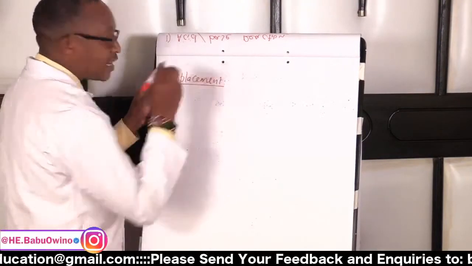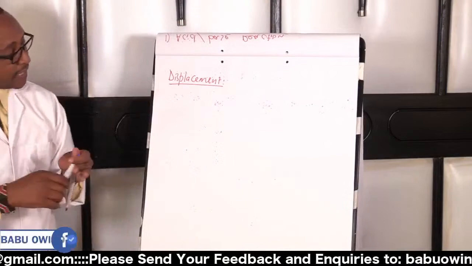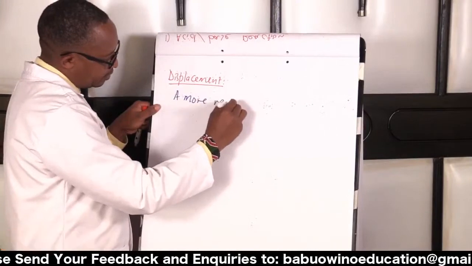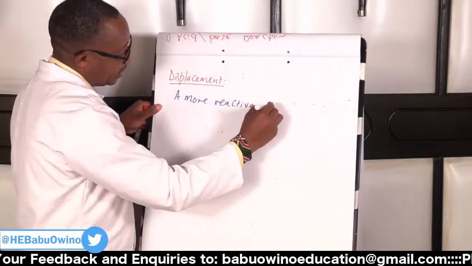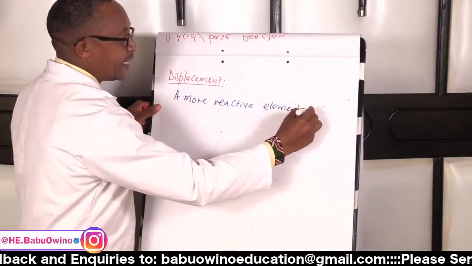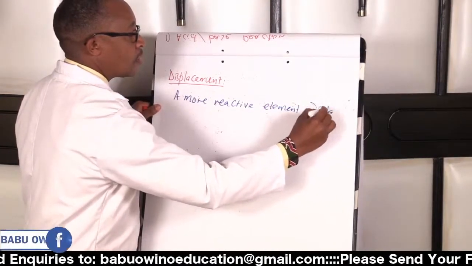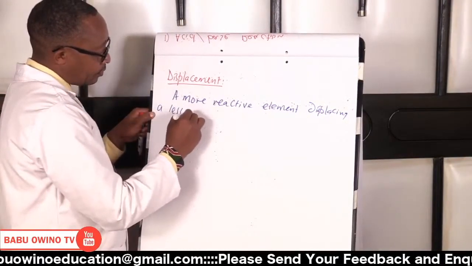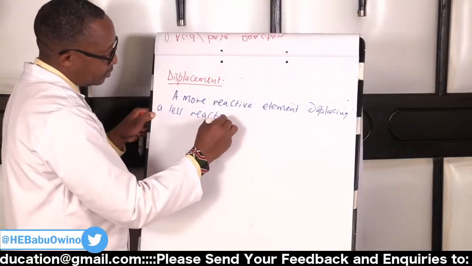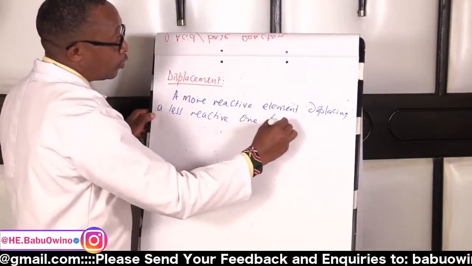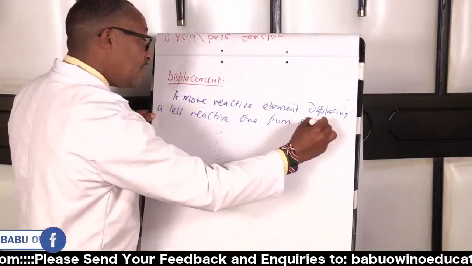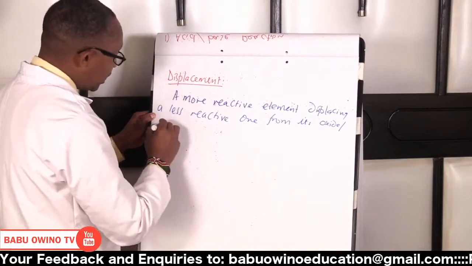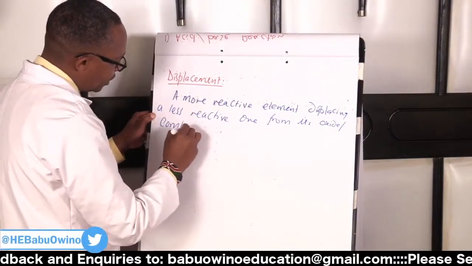With displacement reactions, very simple, it is a more reactive element displacing a less reactive one from its oxide, its chloride, or its halide, or simply from its compound.